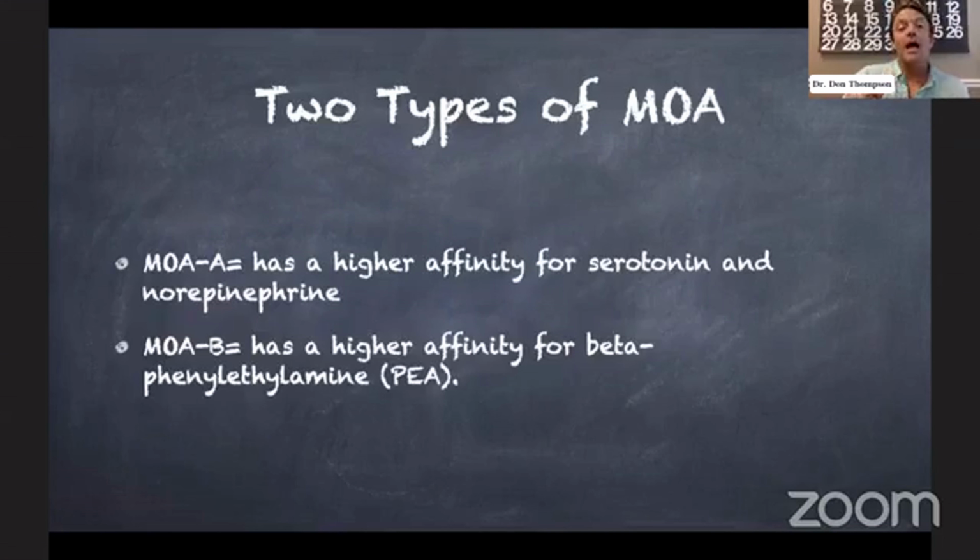The MAOA is more for the serotonin and norepinephrine, and I also didn't put dopamine on that slide, but the MAOB, there's a lot of acronyms and it's hard to keep up with all of them. It has a higher affinity for phenylethylamine, which we're not really going to talk about today. We're mainly talking about these other neurotransmitters.